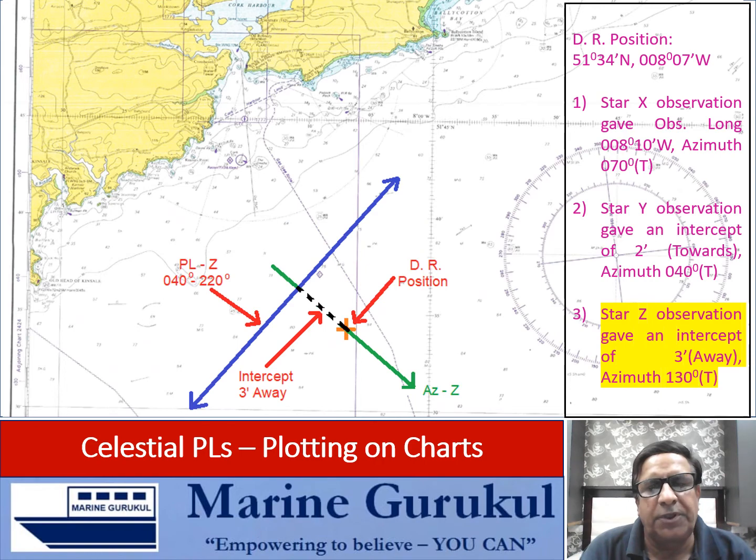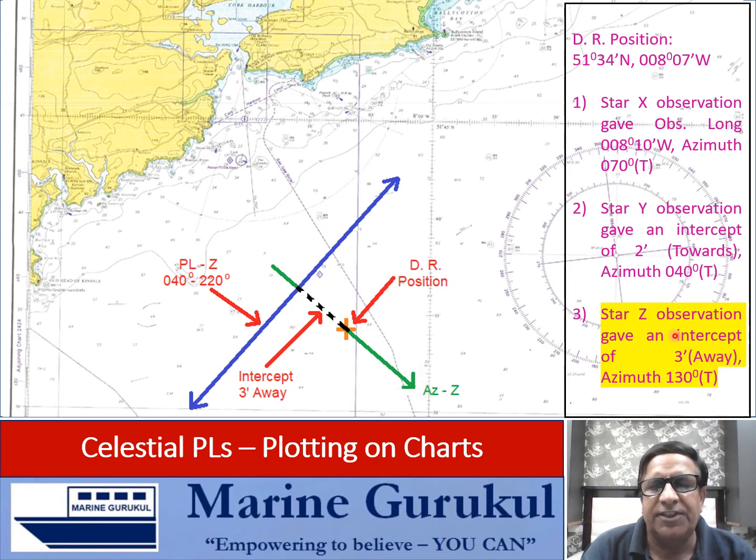To plot the PL for star Z, which has been solved by, obviously, intercept method because we have 3 miles away intercept given in the information out here. We first draw the DR. Why? Because we have to identify the ITP. Having drawn the DR here, we then draw the azimuth, which is 130 degrees true.